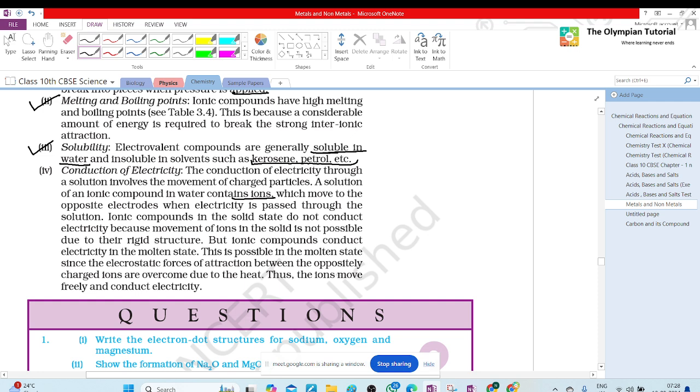Ma'am, in the exam paper, they asked one question: explain why ionic compounds have high melting and boiling points. Give reason. I did write that they require a large amount of energy to break the forces of attraction. But I also mentioned electrostatic force.